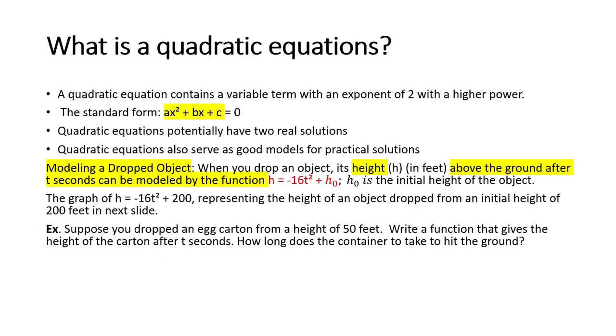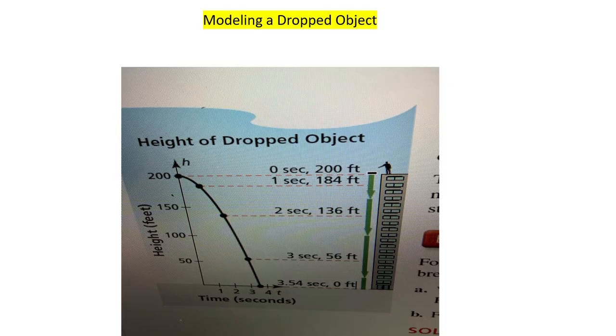And for this quadratic equation, usually we can find a physical example in a real-world situation. For example, here, modeling a dropped object. Suppose you drop an egg box from a height of 200 feet, and after you drop it, each second, 1 second later, you want to find out the location of the box.